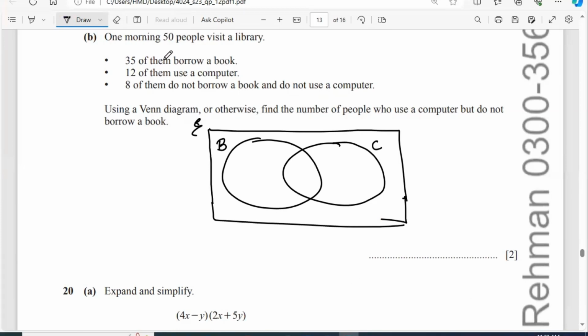So 35 of them borrow a book, and the whole circle is 35. 12 of them use a computer, so the whole circle is 12. 8 of them do not borrow a book and do not use a computer. It is beyond the circle, so I'm going to write 8 here.